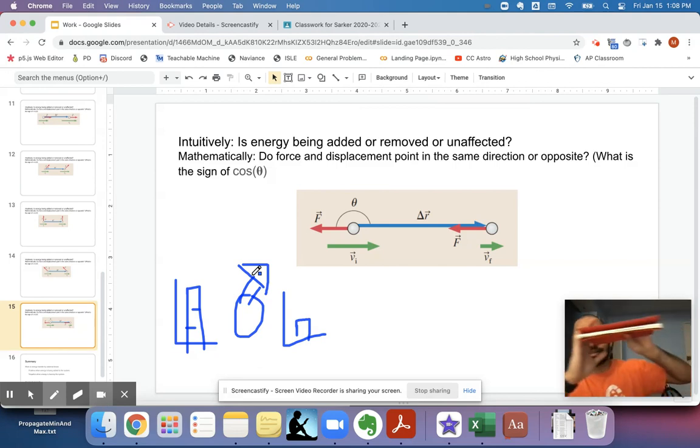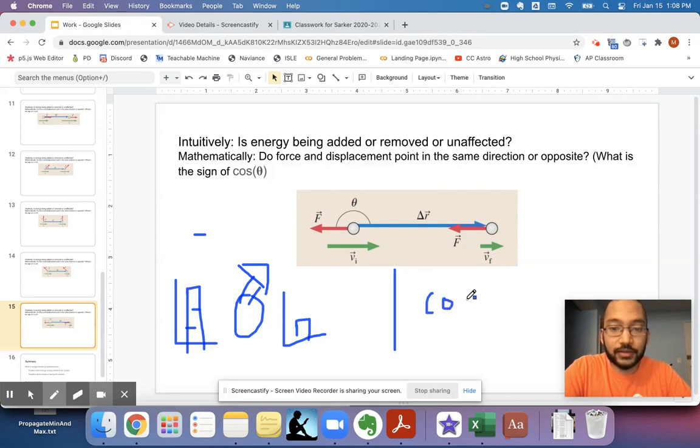If I'm stopping something that's coming at me, that's me slowing it down. The force and displacement are opposite. That would be like energy leaving that object. So that's what's happening over here. Work is negative, and mathematically, cosine of 180 is equal to -1.